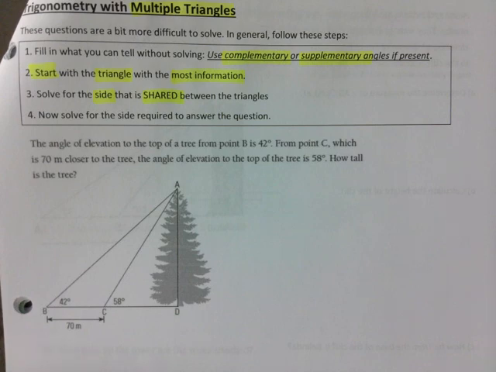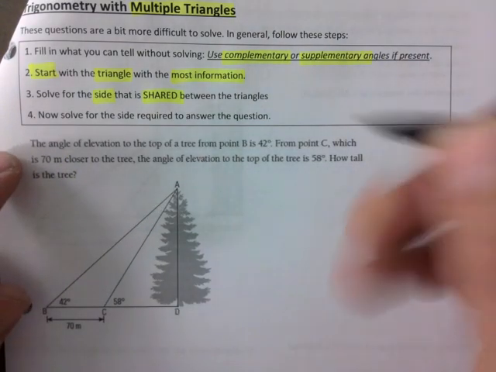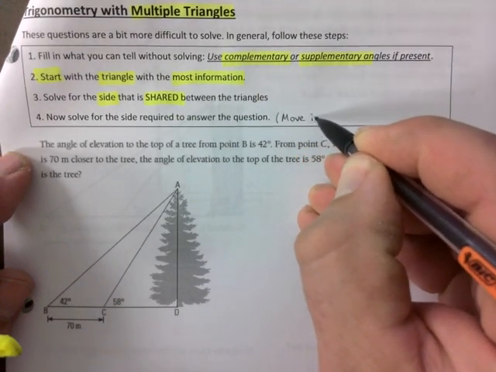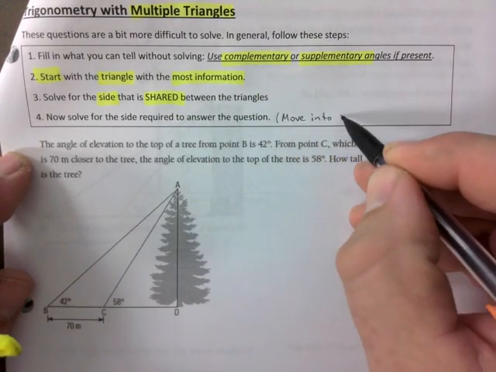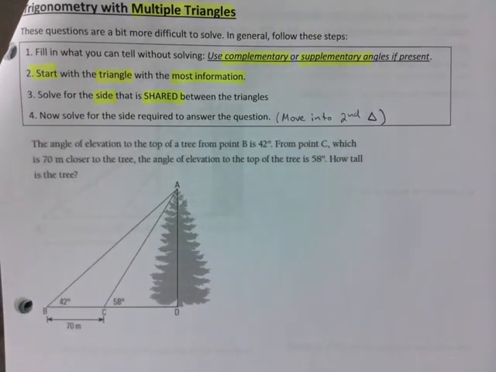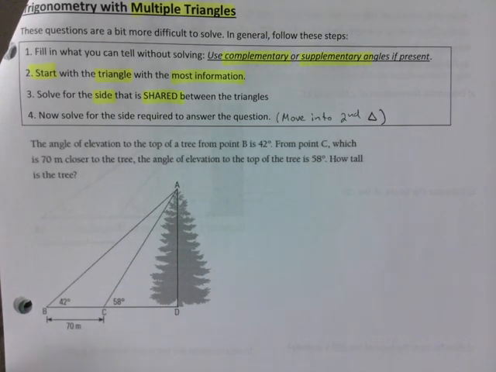And then solve for the side that requires, right, to answer the actual question. Now solve in. So basically, I will put this in brackets. Move into second triangle. Okay, that's what you're going to do there.